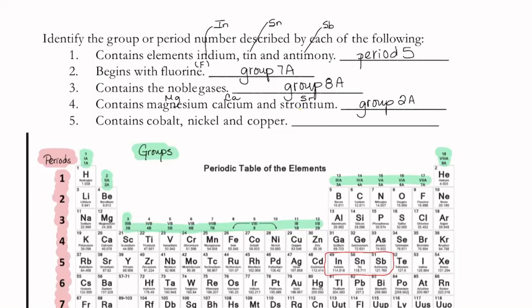Lastly, it contains cobalt, and cobalt is capital C, small o, nickel, capital N, small i, copper, capital C, small u. I like it.